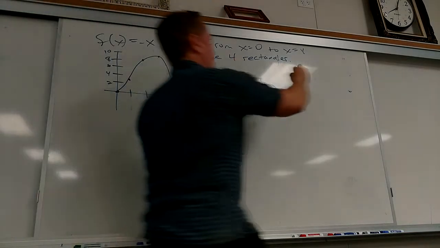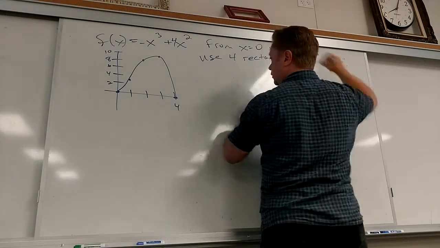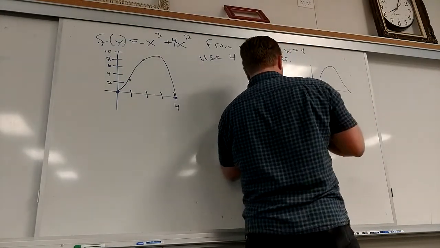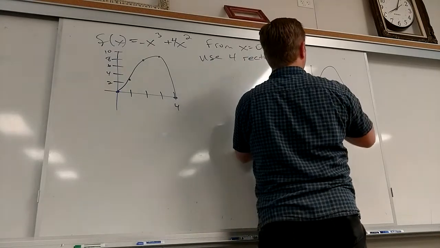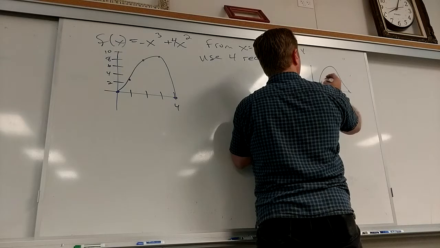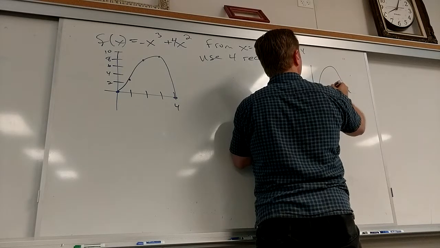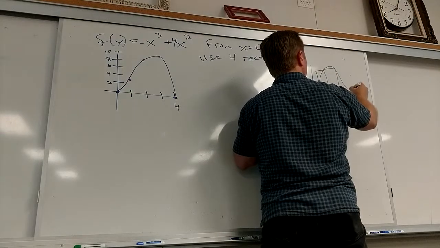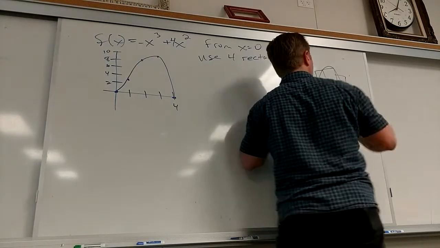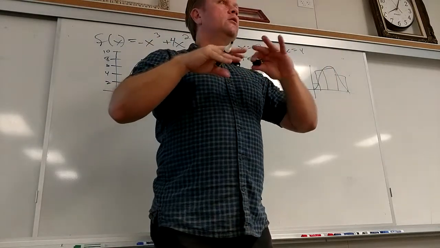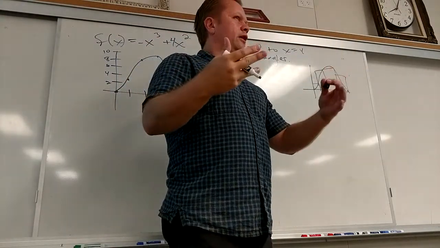So let me do a really quick little rough sketch here, just so I don't mess this guy up, because he looks pretty good. If I put in rectangles like this, this rectangle, this rectangle, and this rectangle, and I add those rectangle areas up, isn't the answer going to be close to the area I want?